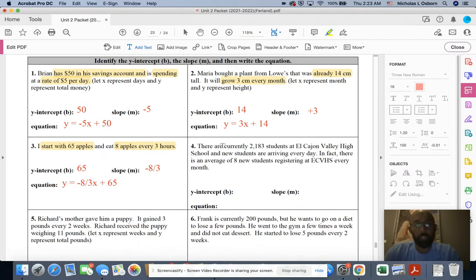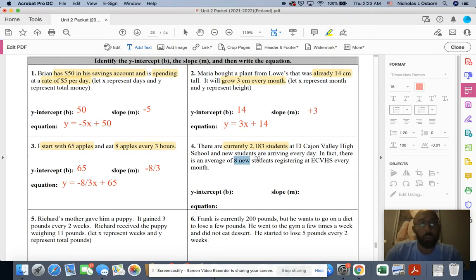Okay, so next one. Right now, this very moment, there are currently 2,183 students at Alcona Valley High School. So again, there's your starting point. It's not 2,000 every day, it's 2,000 right now. And new students are arriving every day. In fact, there's an average of 8 new students registering at ECVHS every month.